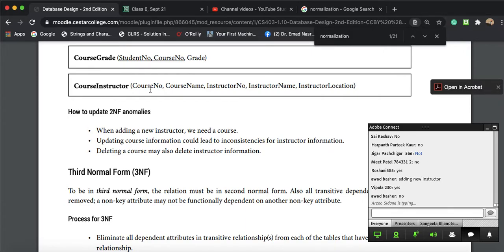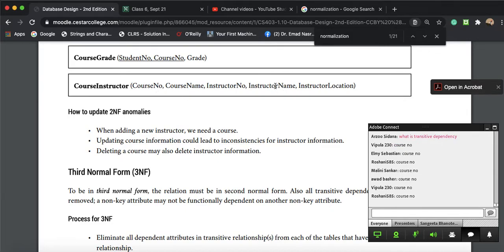Let's look at the dependencies. Course name depends on what? Arzu, tell me. Course name depends on what? On the course number. We have no problem. Instructor number depends on what? On course number. Course number is a primary key. We have no problem.